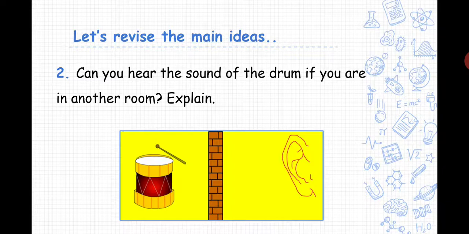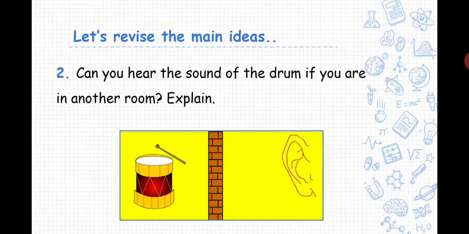Let's look at the picture and think together how the sound will travel to reach our ears. It will start from the drum as it vibrates and produces sound. The sound will travel through the air to reach the wall. It will pass through the wall, right?